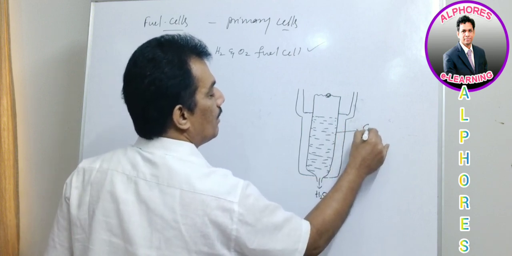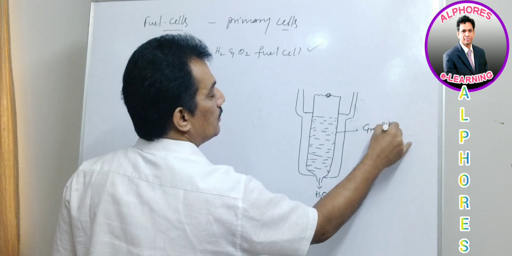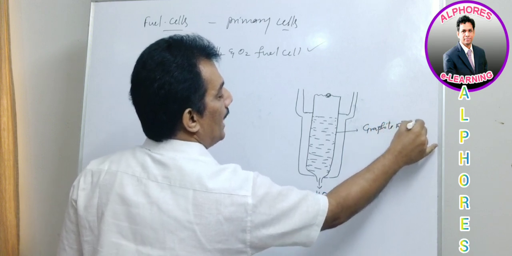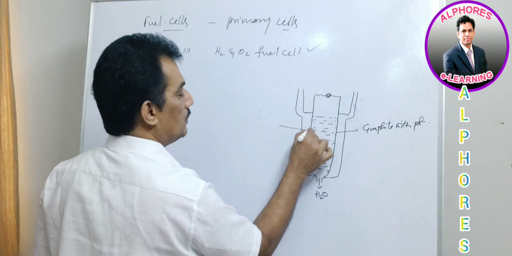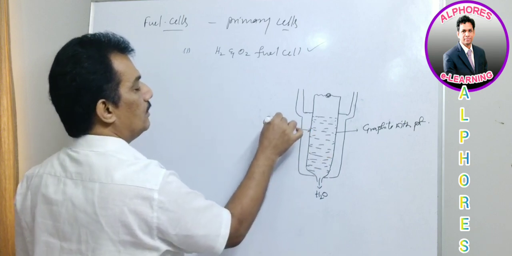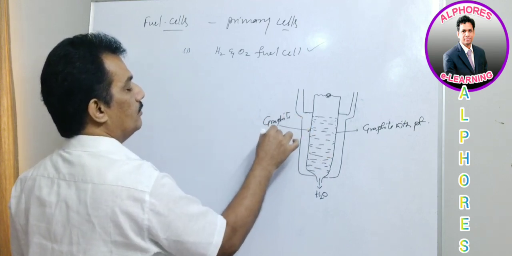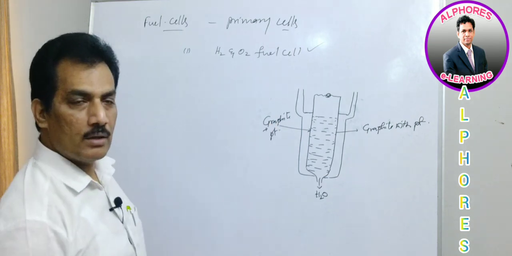This is graphite with platinum. Here also graphite with some platinum. These two are the electrodes.